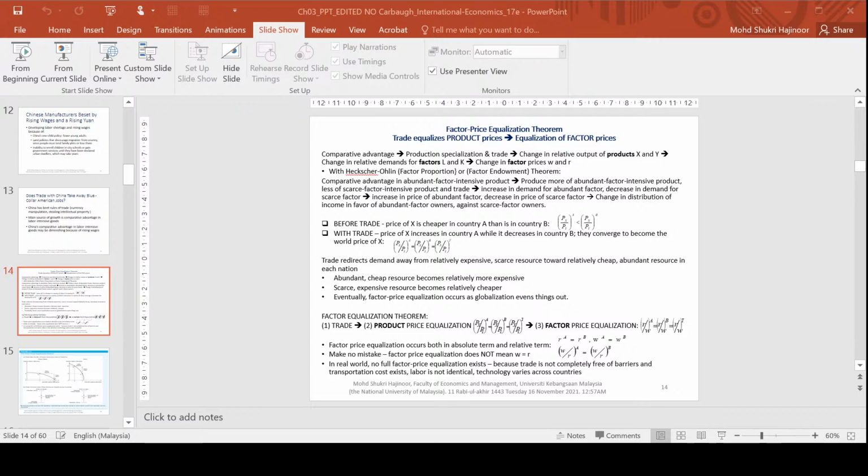So movement in resources is not essential, not necessary, because trade can achieve the same result.